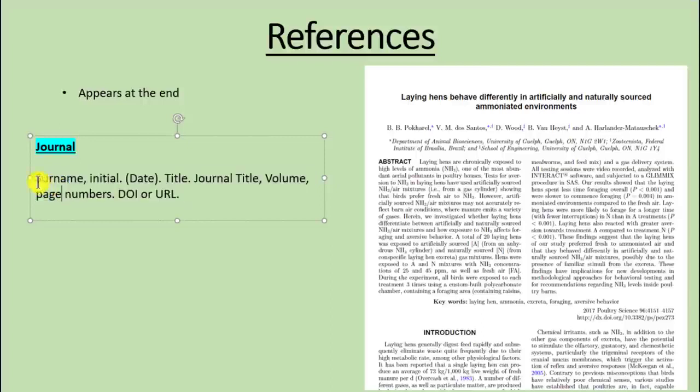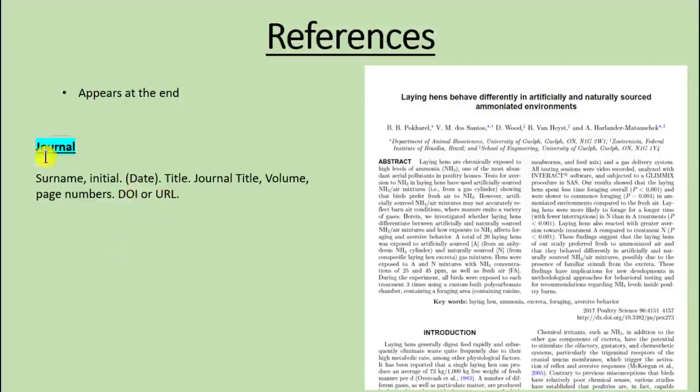So here, surname, comma, initial, and here there will be many surnames because there are 5 authors, and then full stop, then bracket, date, and then title of the paper, and then journal title, comma, volume, comma, page numbers, and then if possible date of issue or URL.